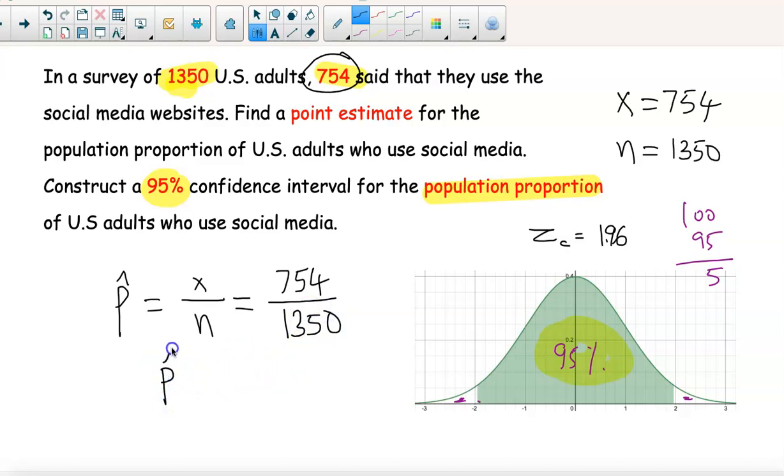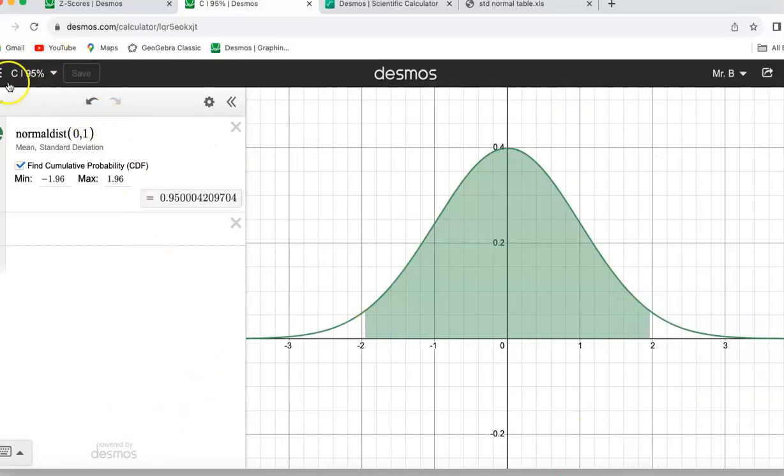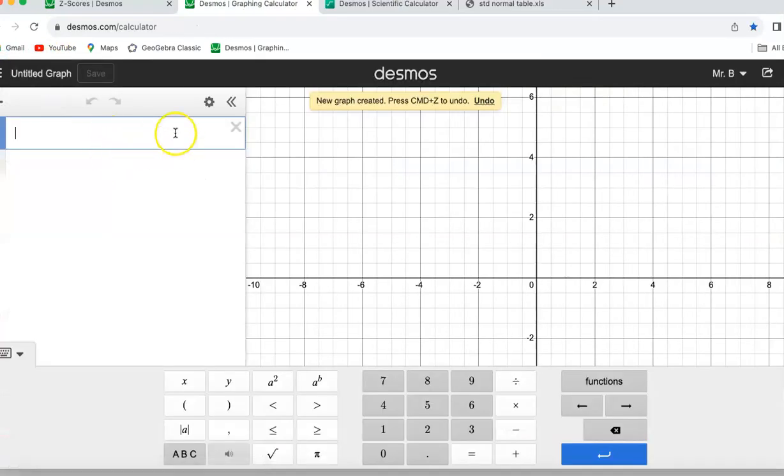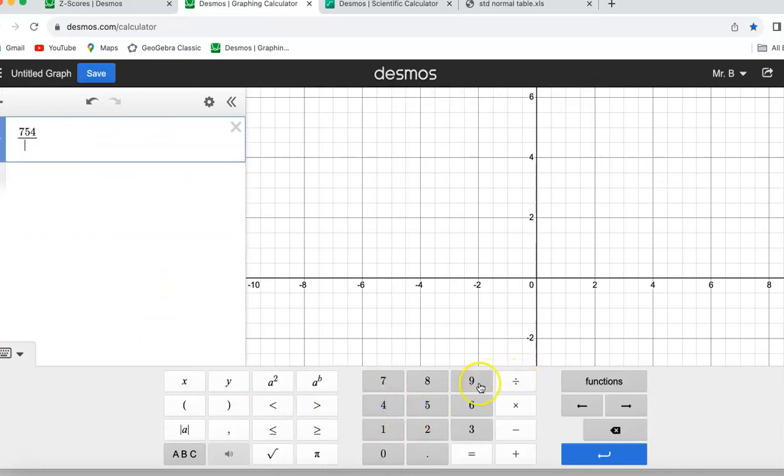Let me go to the calculator: 754 divided by 1350.